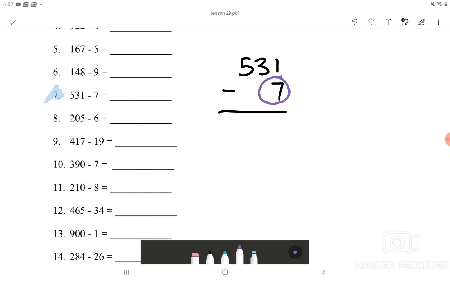So in this case, we will have to borrow 10 from the tens place, and that is 3. And because of that, 3 is going to become 2, because 30 minus 10 is 20, and 2 is in tens place, and 1 is going to become 11 because it is 10 plus 1.